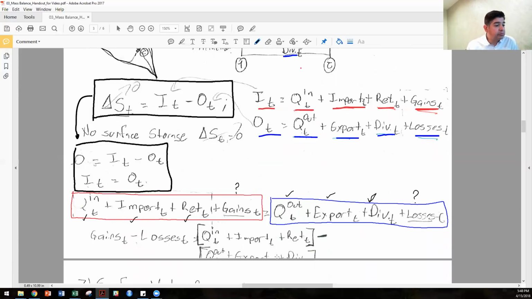So because of this, what we're doing is just substituting: these gains minus losses will be equal to all this Q in minus all this Q out. If this value is positive, then it will be gains. If the value is negative, then it will be losses.